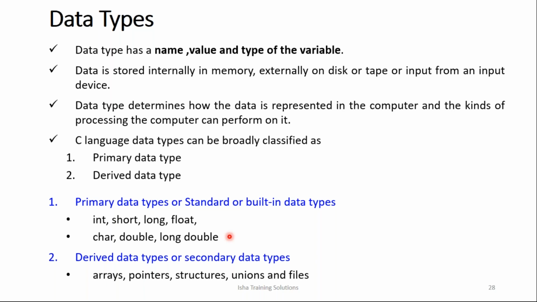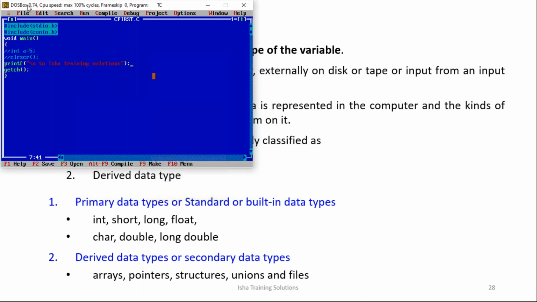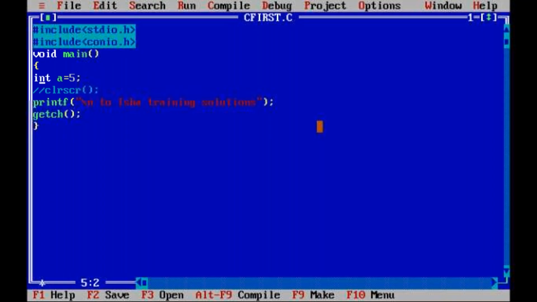For example, int a. This is a declaration, and I am passing the value 5 into the variable a.